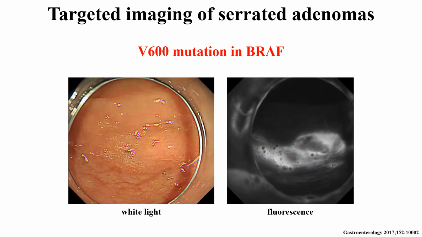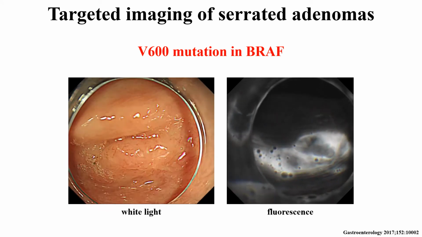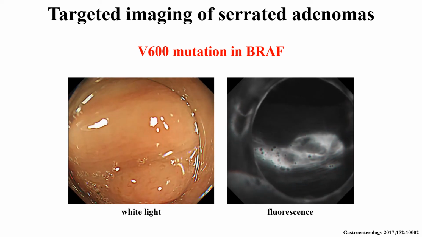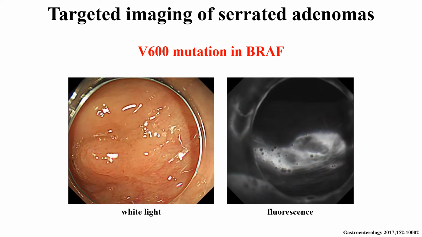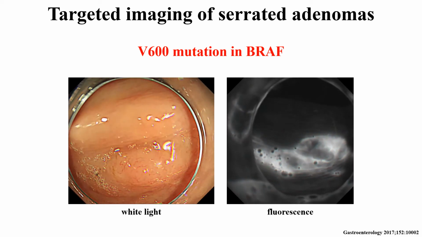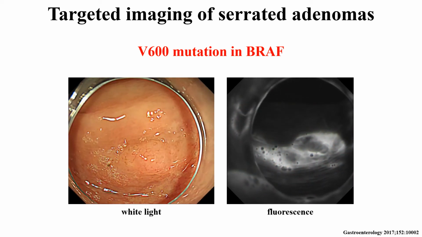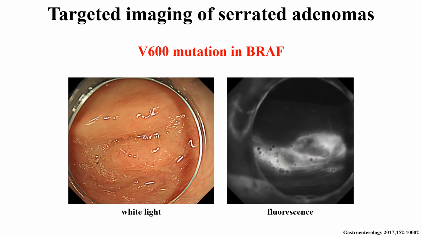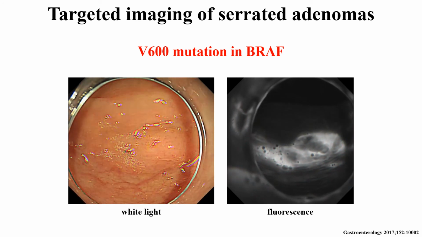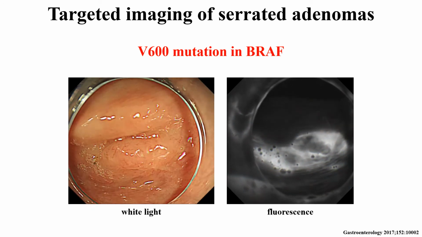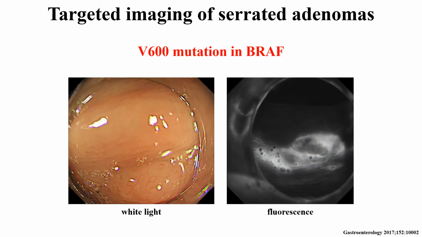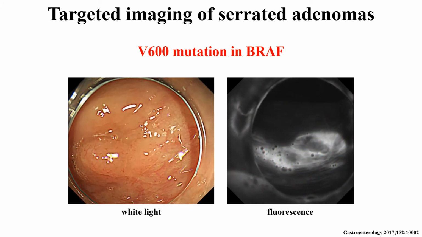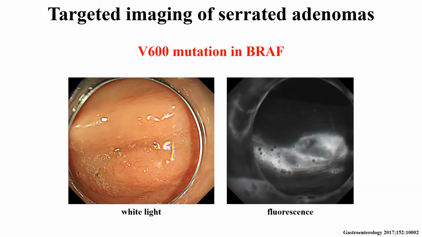Here's an example of how we use this peptide in the clinic. On the left is a white light image of colonic mucosa. There is a serrated adenoma in the center of the image. However, if you compare the structural changes with that of a normal appearing colonic fold, it's quite hard to tell them apart. The difference is quite subtle.